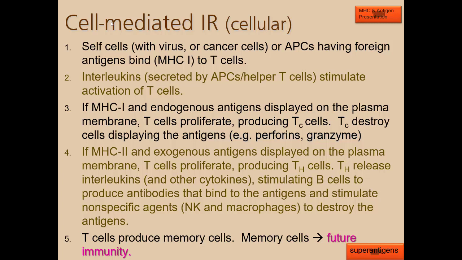We'll get to that in a bit. So again, step 4, not really part of cell-mediated immunity. I just wanted to point out that this can happen, but it's part of the other immune response.